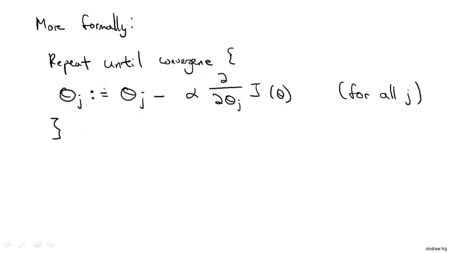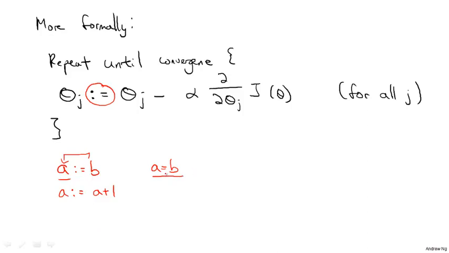This colon equals notation is the notation that I'm going to use to denote assignment. In particular, if I write a := b, what that means is if a is a variable in my computer, I'm going to take the value of b and use that to overwrite the value of a. So a := a + 1 means increment a by 1. In contrast, if I write a = b, then this is an assertion of truth.